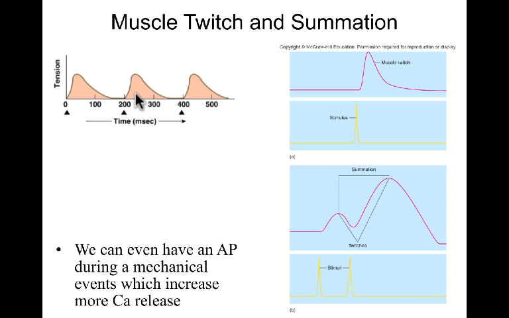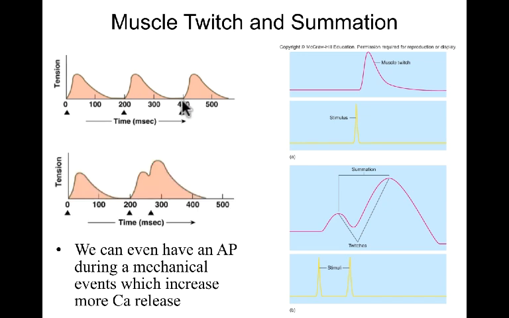So you're going to have 3 different twitches. However, if you bring this stimulation closer, before the muscle is fully relaxed, although it's slightly relaxed, still there's some calcium inside the cell, the second stimulation is going to create a higher contraction because you're adding more calcium inside the cytoplasm. This idea, as we said, is called summation.